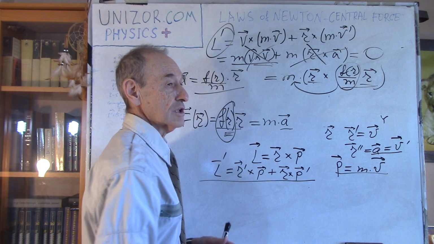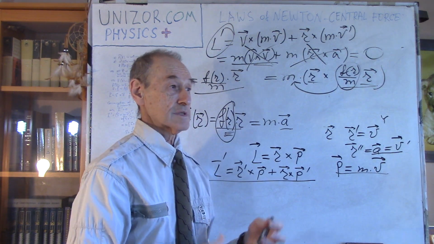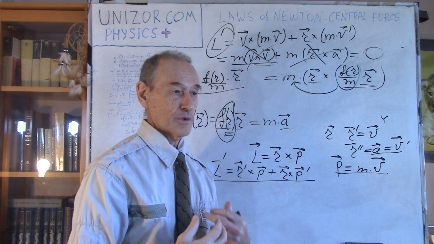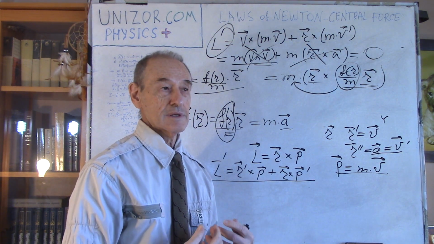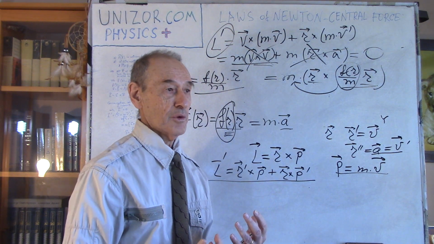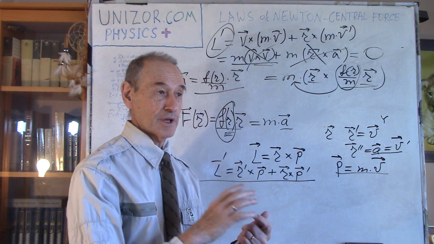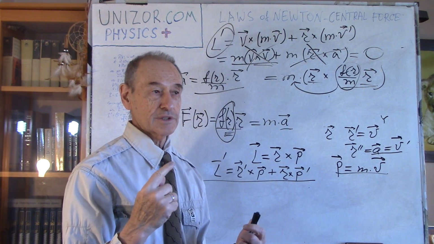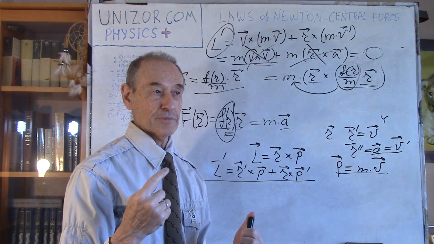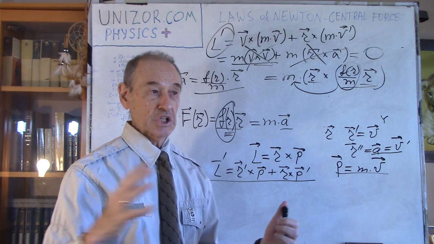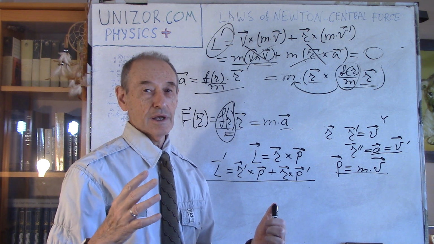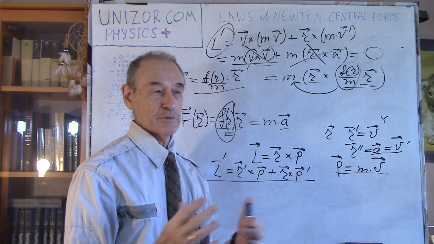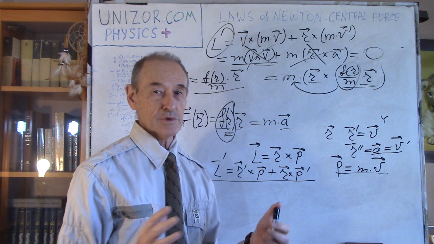If r is changing somehow, for instance, the sun becomes lighter and attracts the planets less than it used to, well, the planet can go a little bit on a tangential trajectory and increase its radius and decrease its speed.